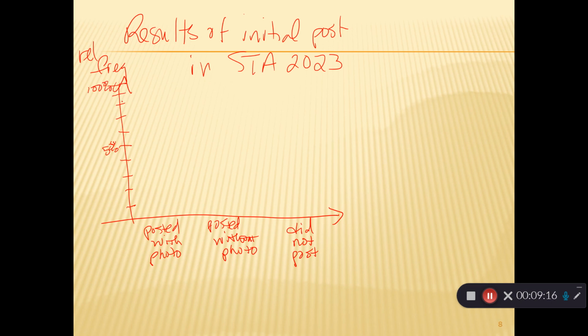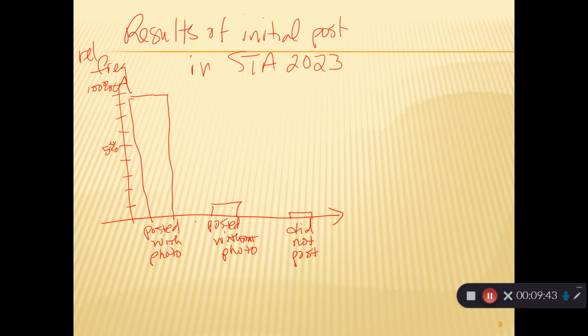So 88 would be right about there. So I draw a line there and down to represent the items in that category. Posted without photos was, I think, 8%. So if that's 10, it's going to be like here. And then 4% here. So here I have a bar chart.